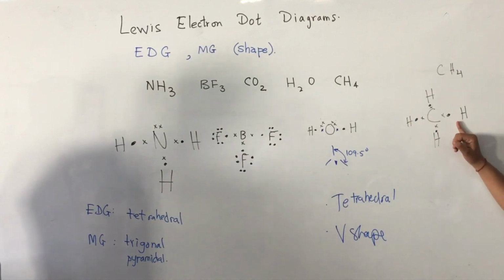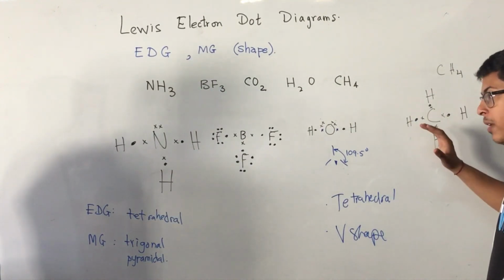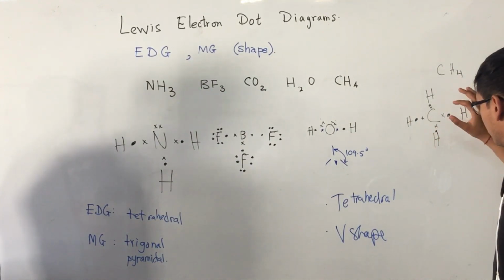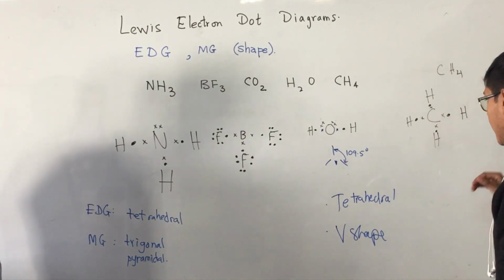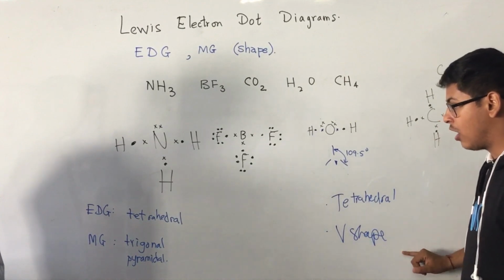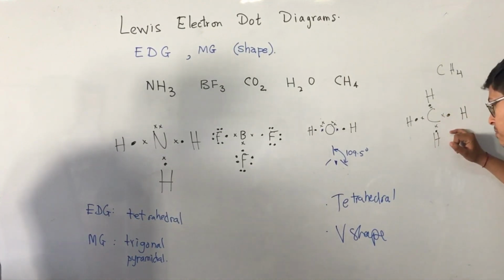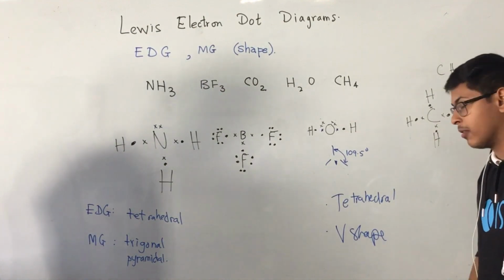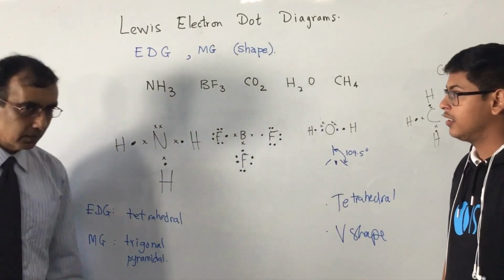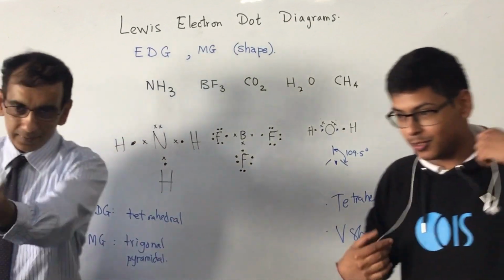But in CH4 there are no lone pairs. All the bonds are bonded pairs, which is why even when considering the molecular geometry, since there are no lone pairs, it would still be considered a tetrahedral, and the angle would be 109.5 in both cases. Okay. Yes, thank you, Sid.